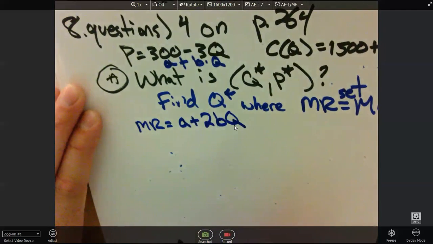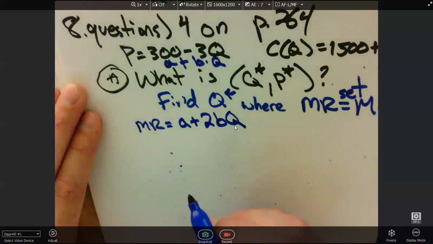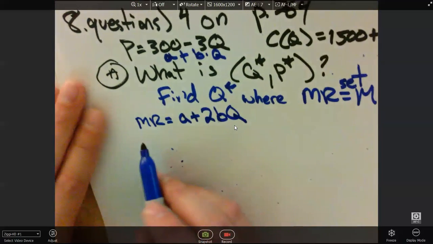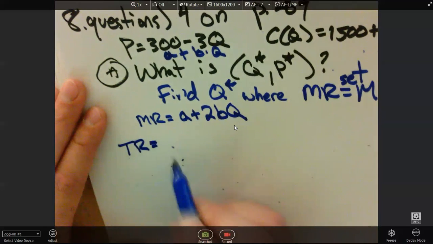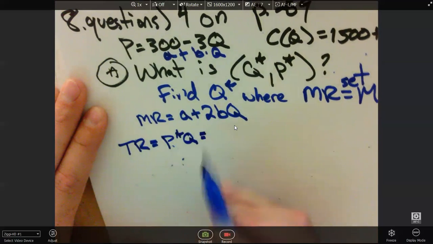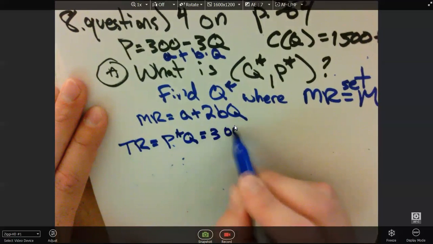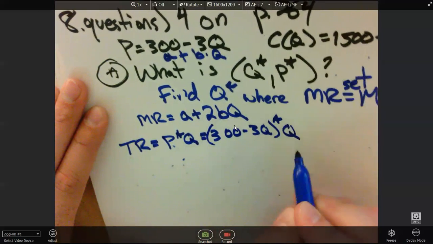That's our algebraic shortcut. However, we are all calculus wizards here. We know that the total revenue is equal to the price times the quantity, which is equal to 300 minus 3Q times Q.